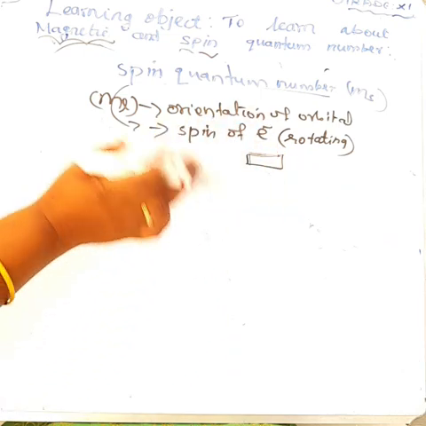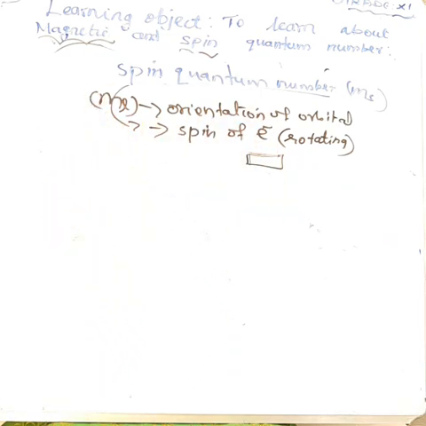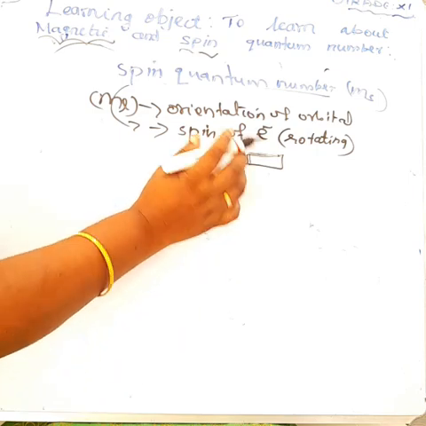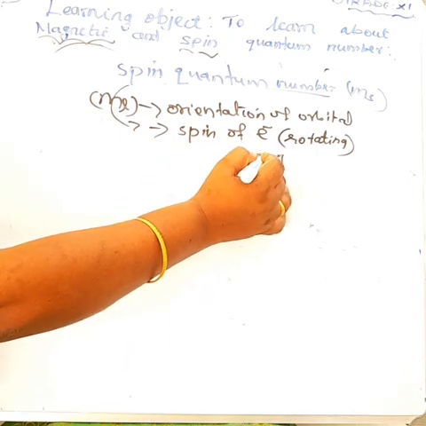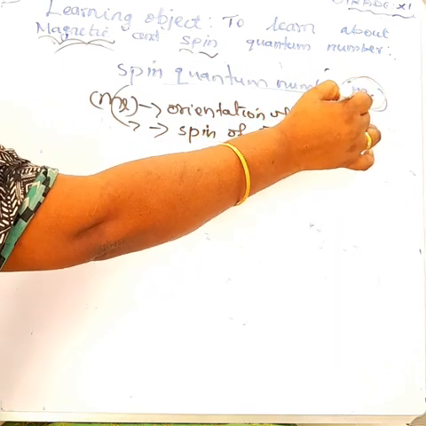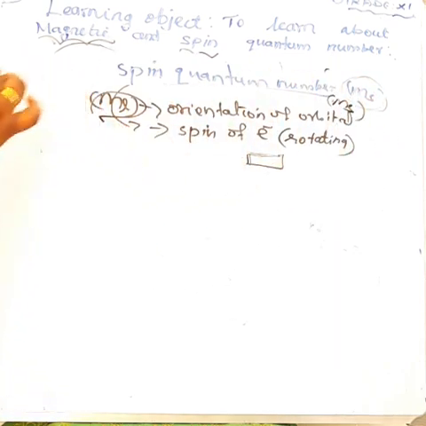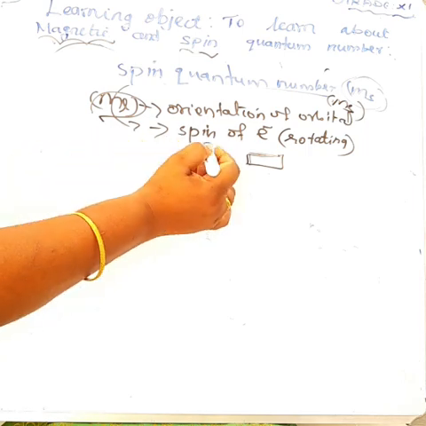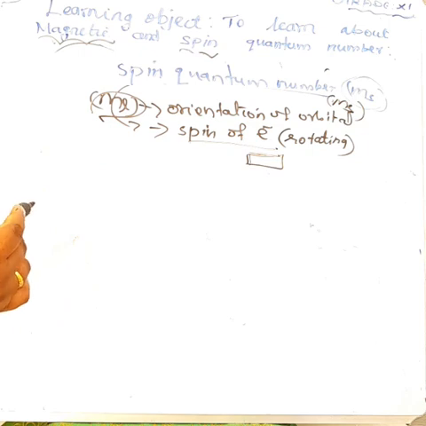How the electrons are spinning is explained by the spin quantum number. The magnetic quantum number is denoted by the symbol ml. The spin quantum number is denoted by the letter ms.